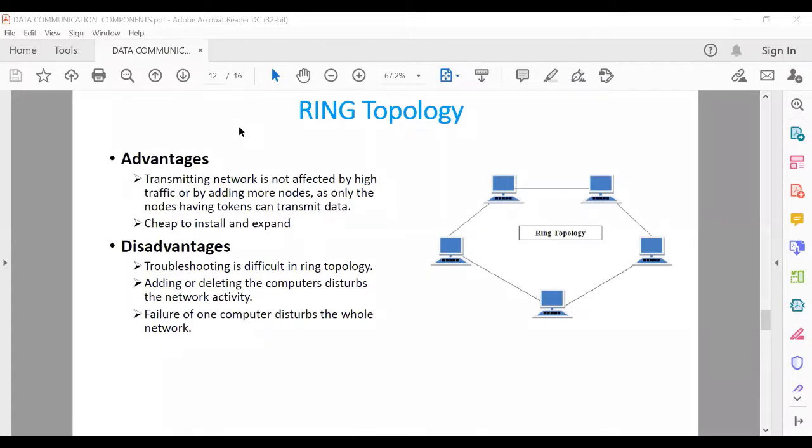So there are disadvantages also, like troubleshooting is difficult in this type of network topology. Adding or deleting computers disturbs the network activity, and failure of one computer disturbs the whole network.